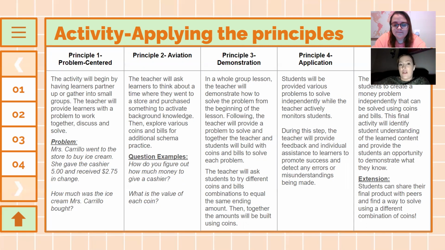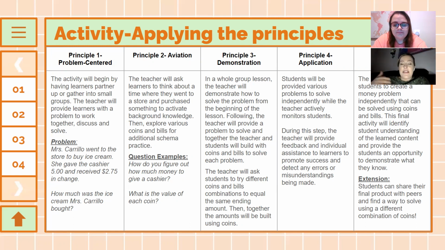to the demonstration. Then the third part is the demonstration, where in this activity the teacher would provide students in whole group a question to solve, a money question that can still be real life. How much were the apples that the person bought at the store, or something.